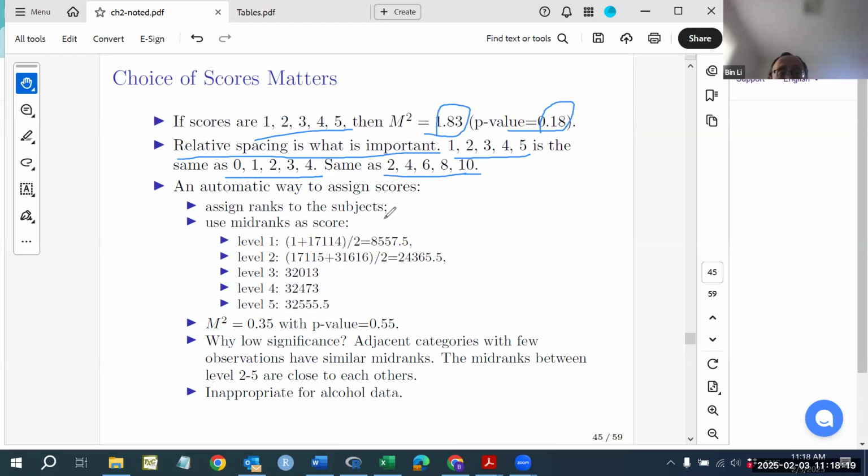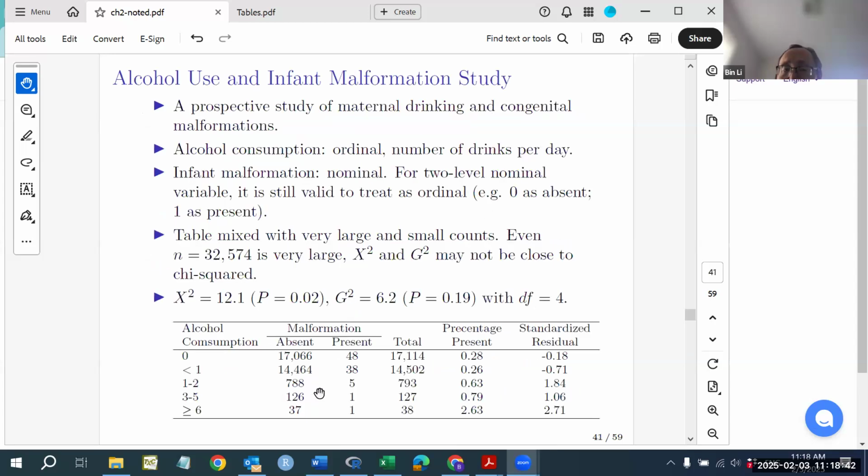Okay, so another way is an automatic way to assign the score by using the mid-rank. If we use the mid-rank, you can see the p-value is even larger. The test statistic is even smaller. Why? Because the table is highly imbalanced. If we use the mid-rank, it's really these groups that matter.